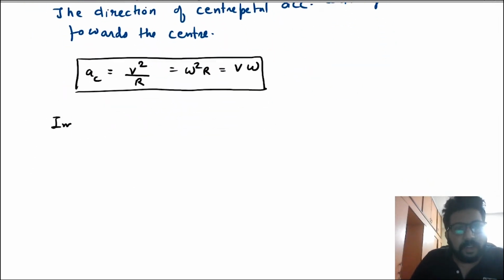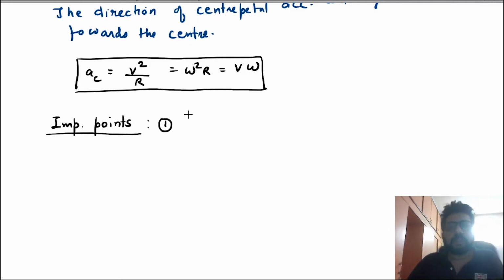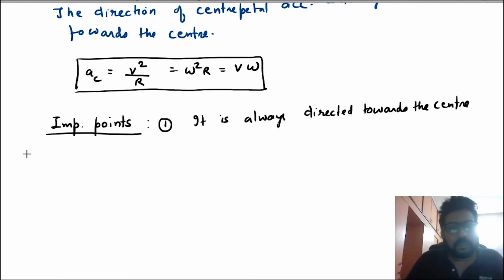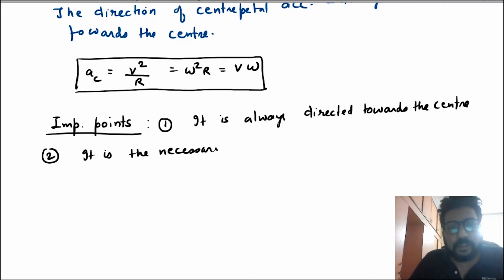What are the important points about centripetal acceleration? The first important point is it is always directed towards the center, that you already know. The second important point is it is the necessary component of acceleration.